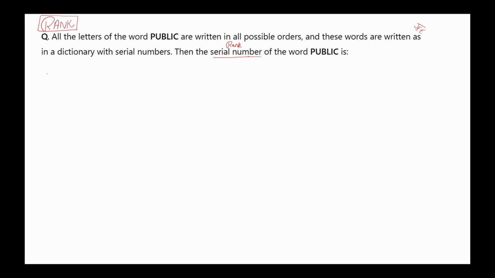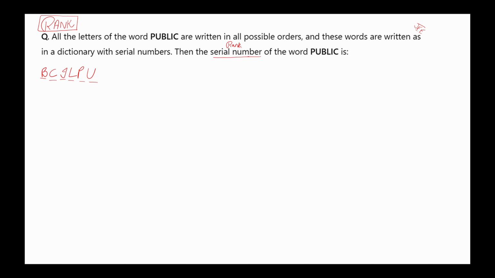The first letter would be B, then we would have C, then I. B, C and I are gone. Then we would have L, then P, and then U. So this is my arrangement in dictionary order, alphabetical order.